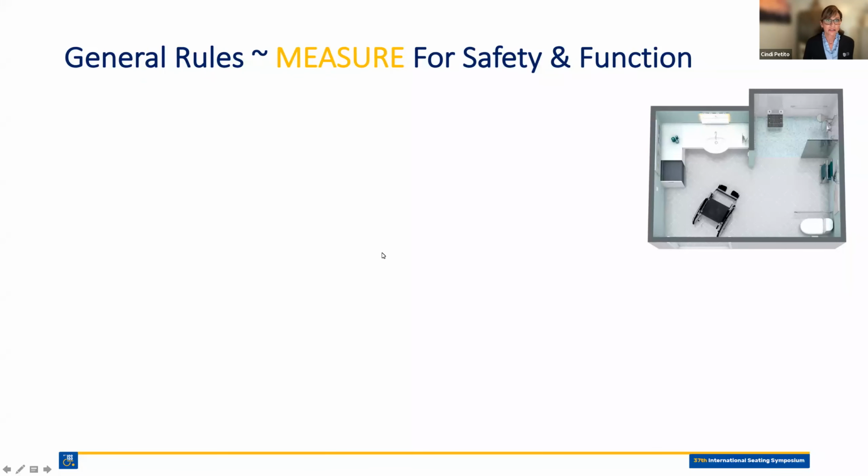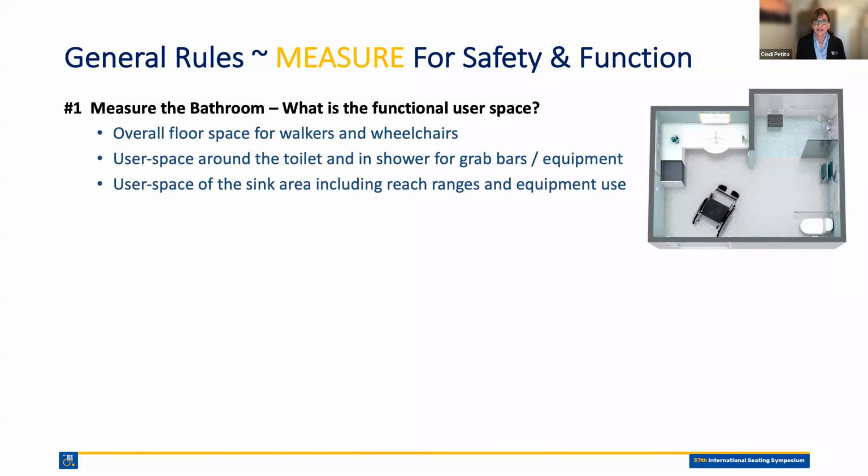Before we take a deep dive into bathroom accessibility and modifications, there are a couple of things I want to address, some general rules that I use. When measuring the bathroom for safety and function, you want to measure for the functional user space.